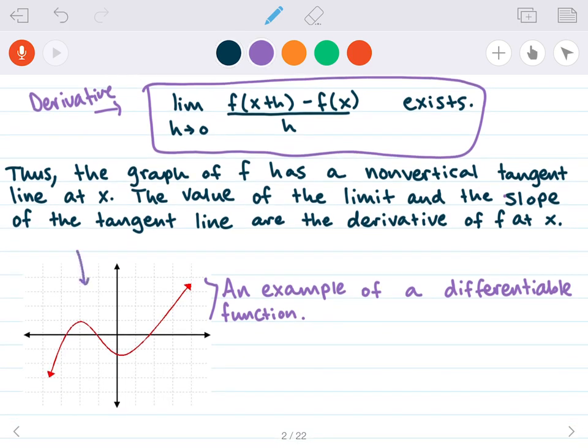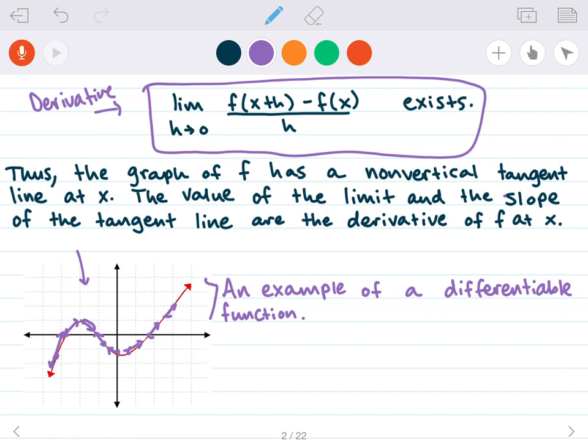And that's going to be this function right here, this red curve. And so we can see that for every x, the slope of the tangent line to that x is going to exist, right? Sometimes it's going to be 0, sometimes it's going to be negative, sometimes it's going to be positive, but we see that it's going to exist everywhere, no problem.